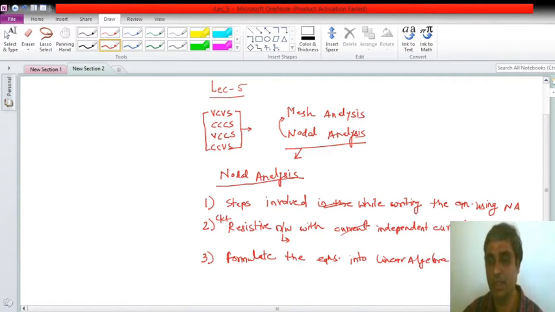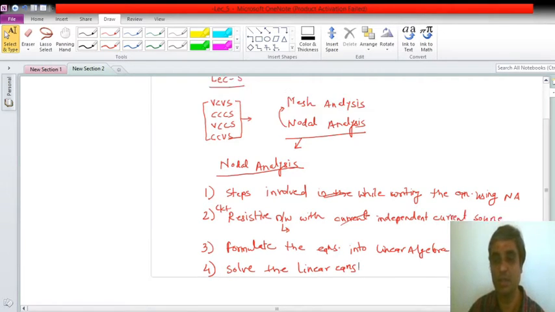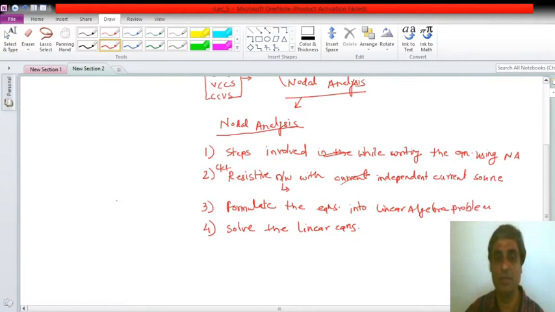Then I will see how to solve the linear equations using matrix theory. We will first solve the linear equations, and we will come to know that while solving there is one condition, that the determinant of the matrix should not be equal to 0.